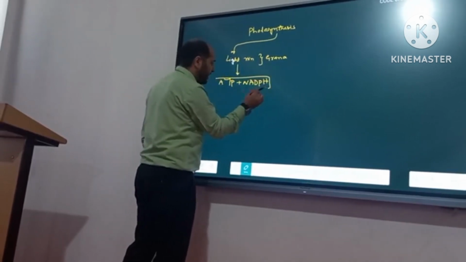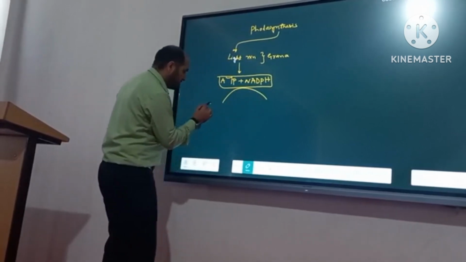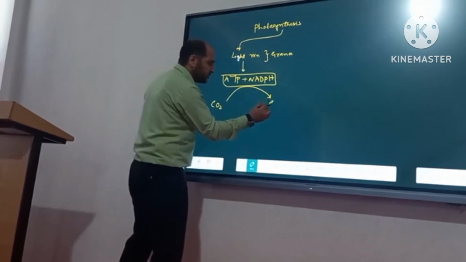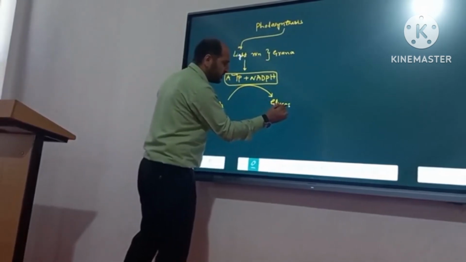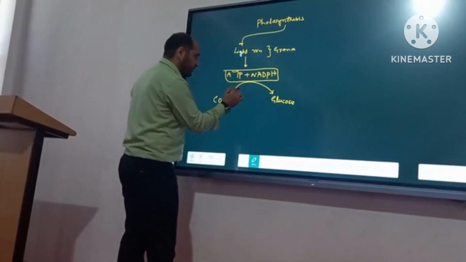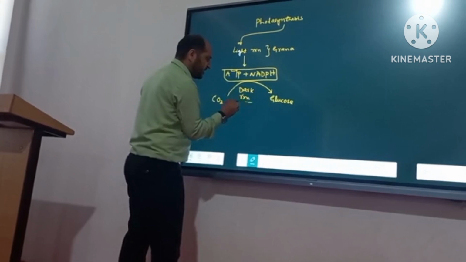These products are used up for the complex process of fixation of carbon dioxide into complex molecules of glucose. This fixation is known as the dark reaction. Dark reaction is a misnomer.